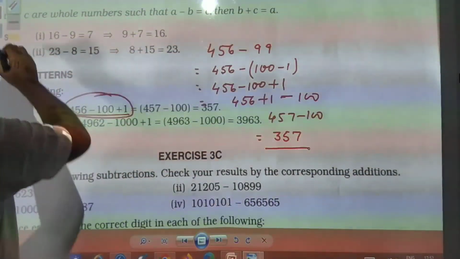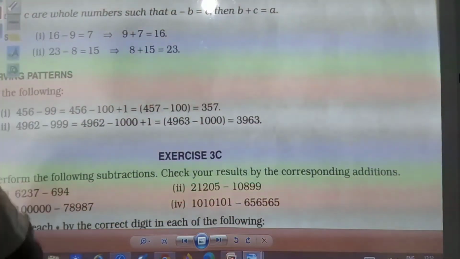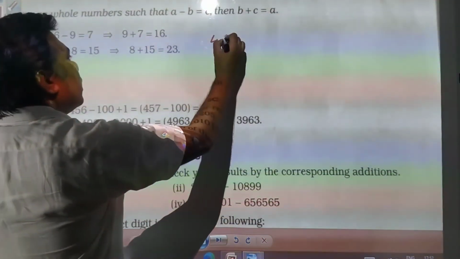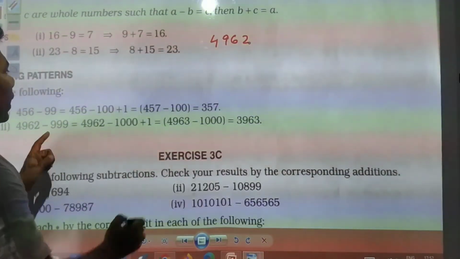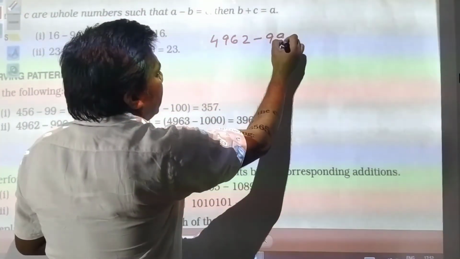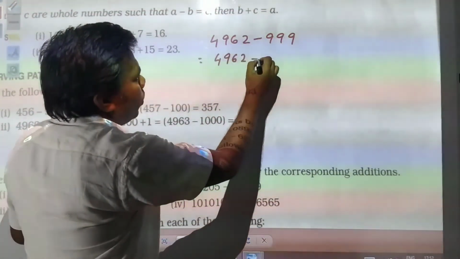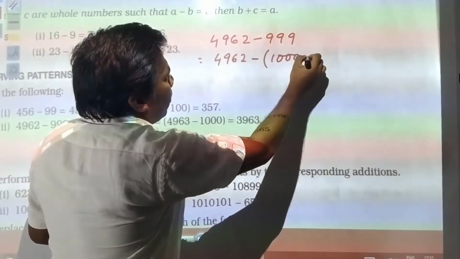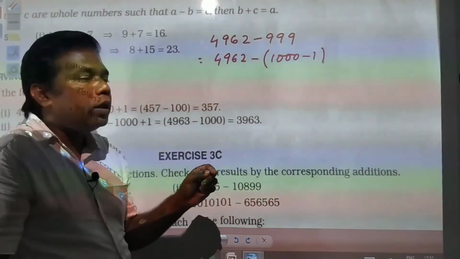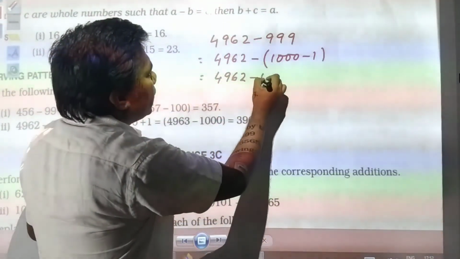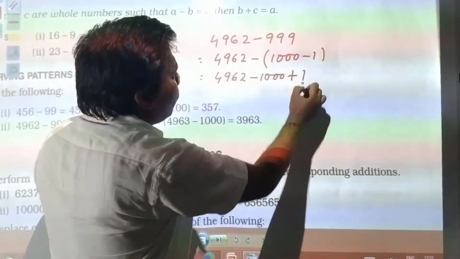Next number you see, in the same way it has been written, 4962 minus 999. Again in the same way you write down 4962 minus 1000 minus 1. So it will be 4962 minus 1000 and plus 1 it will be.